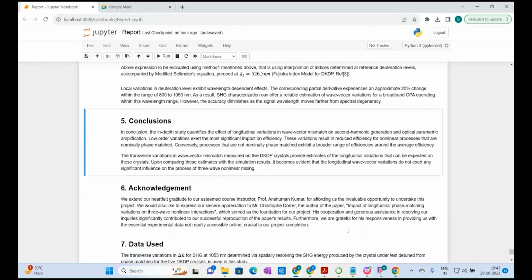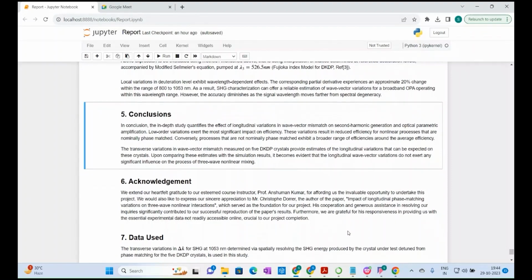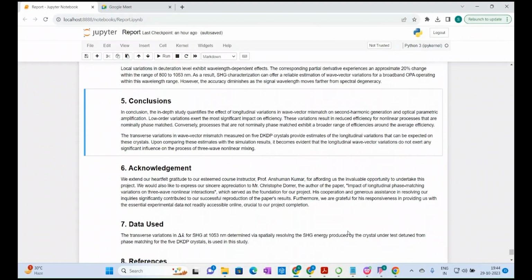In a nutshell, our project focuses on how variations in wave vector mismatch along the crystal's length affect second harmonic generation and optical parametric amplification. We found that smaller variations have the most impact on efficiency, particularly for processes that are phase matched. These minor changes lead to reduced efficiency.